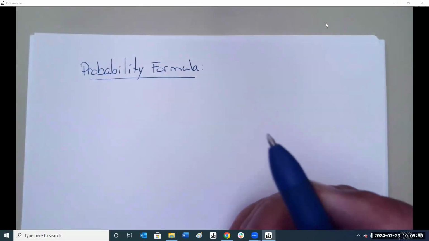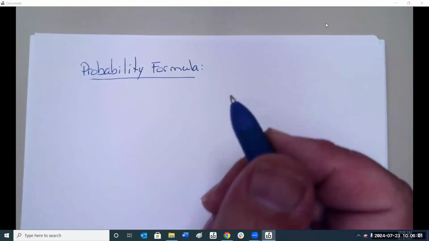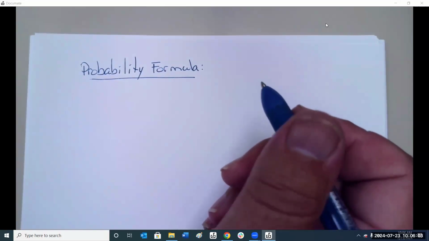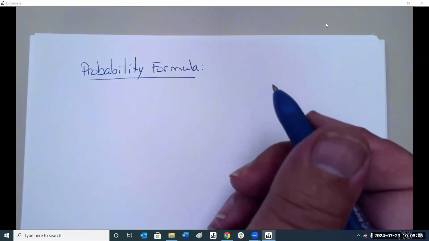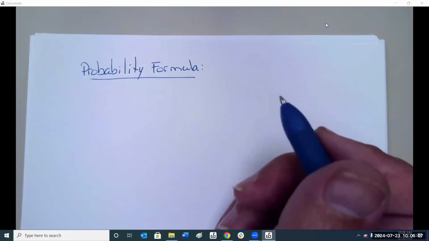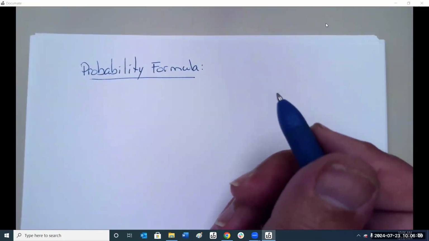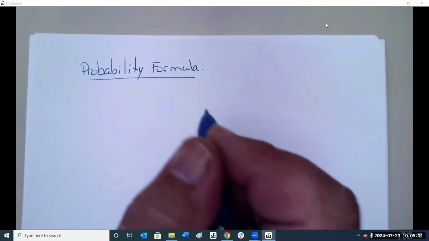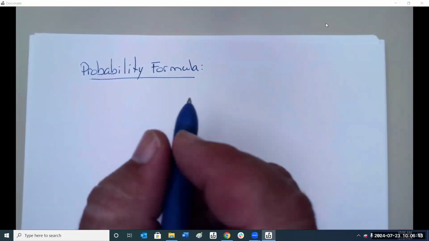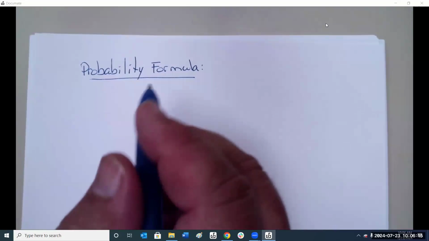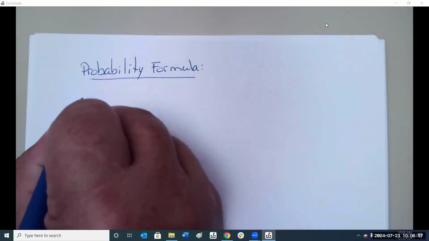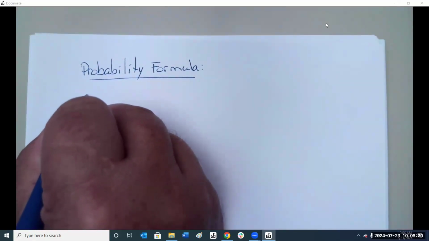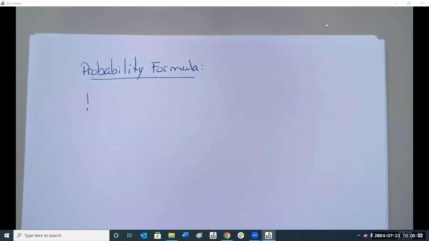The formula we're looking at here, we're going to look at permutations and combinations. And because of that, we're going to be using factorials. Factorials are denoted by an exclamation point.